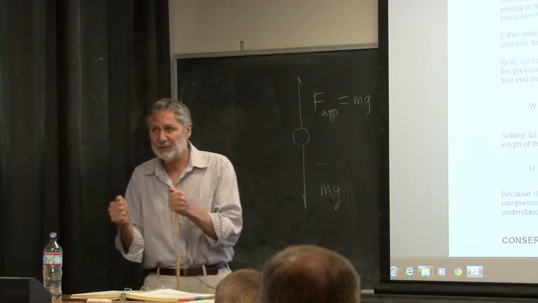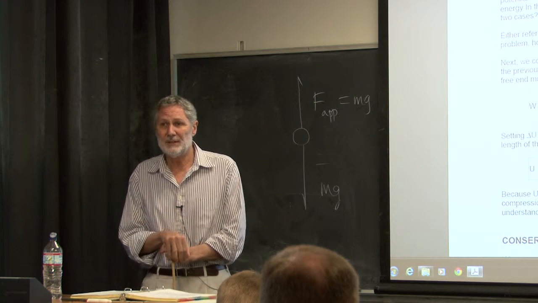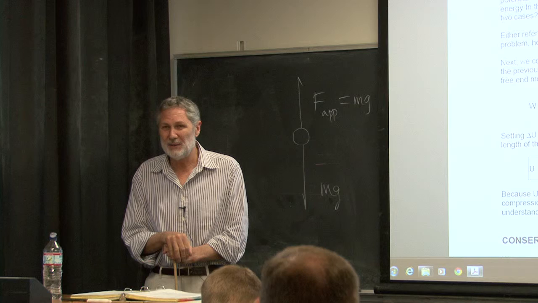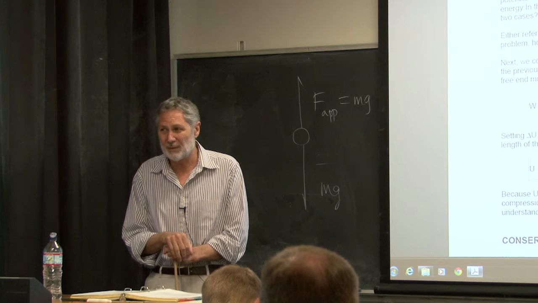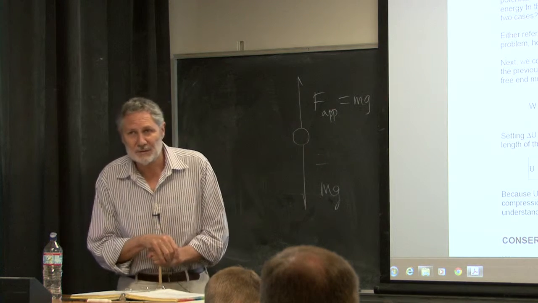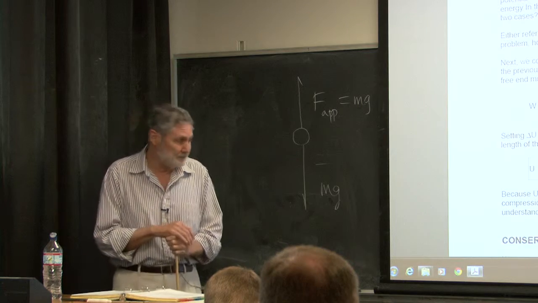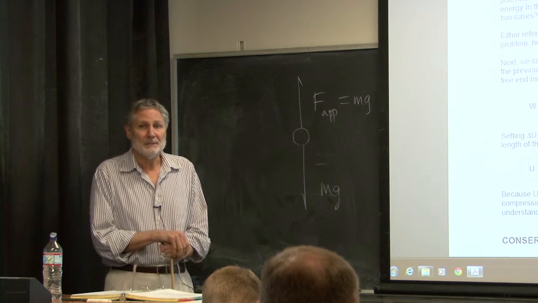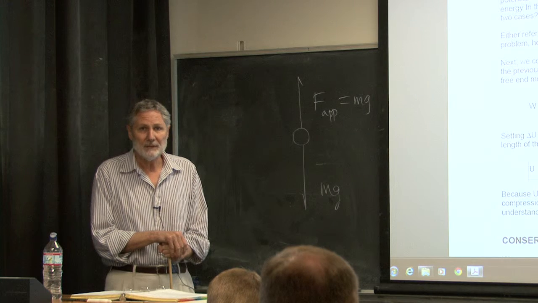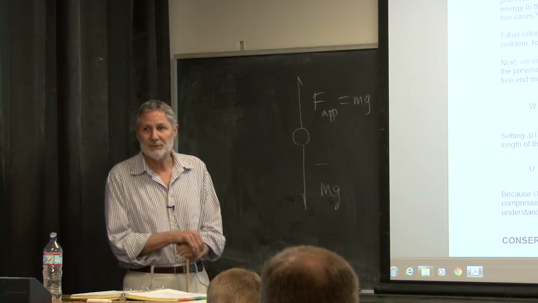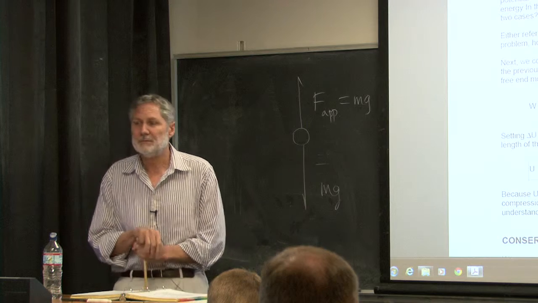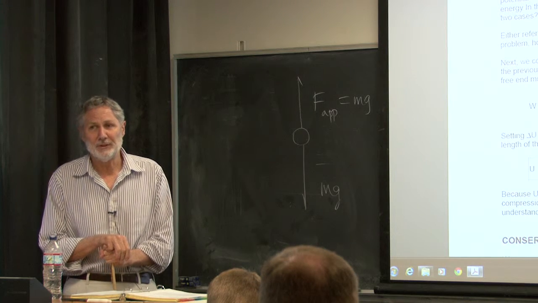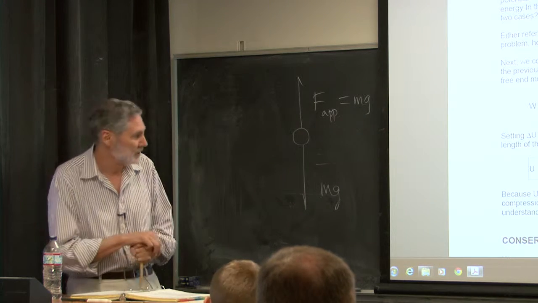An unstretched spring has an amount of energy equal to its mass times the square of the speed of light. It's huge compared to our daily lives, right? And that's the idea behind a nuclear bomb, right? The second one that has ever been used in a war was dropped 70 years ago yesterday, right? Nagasaki.